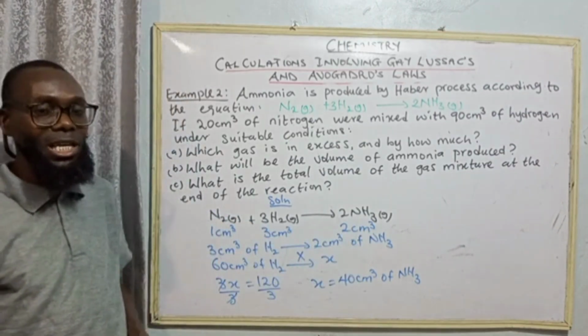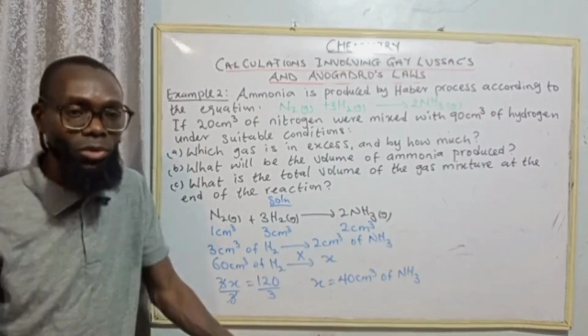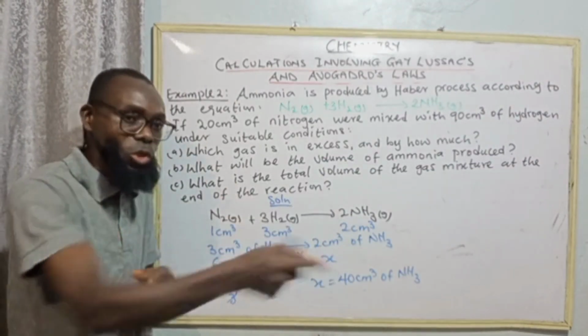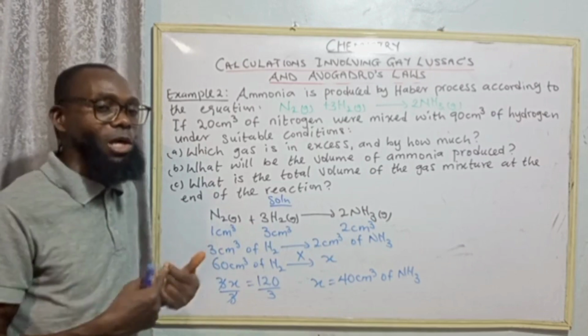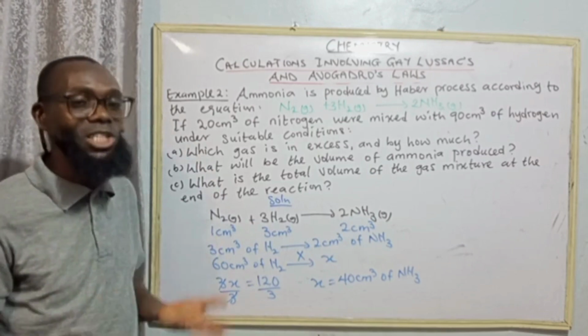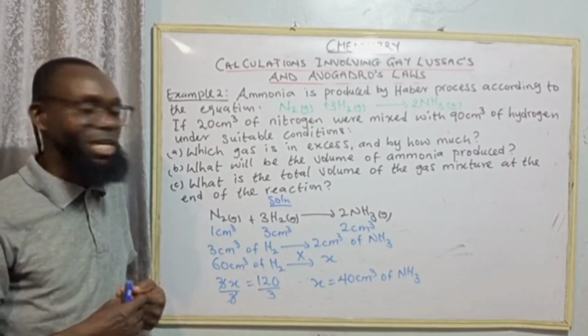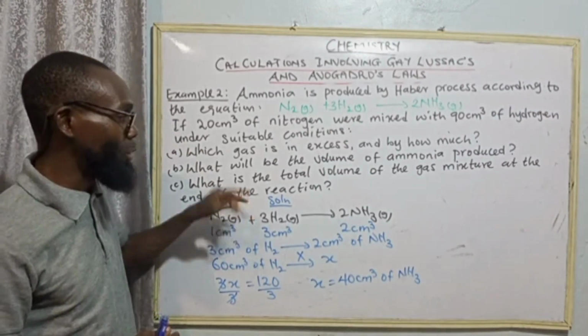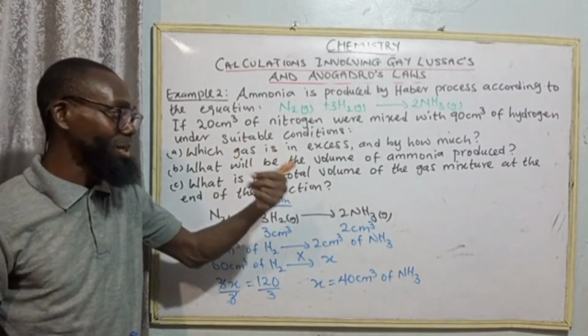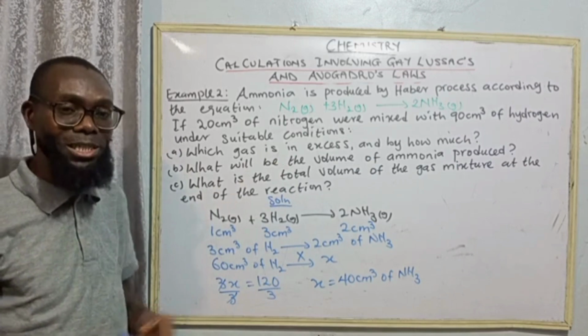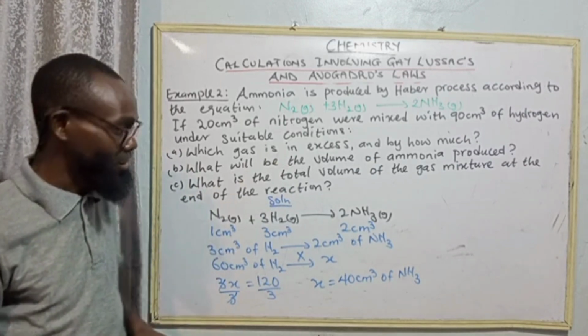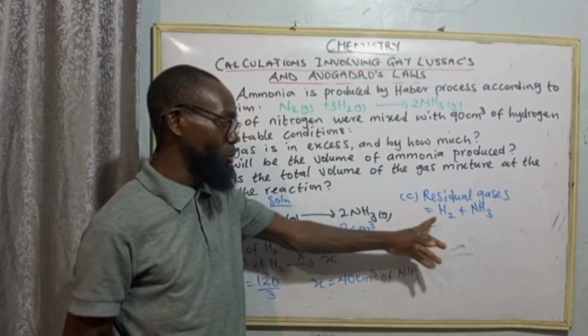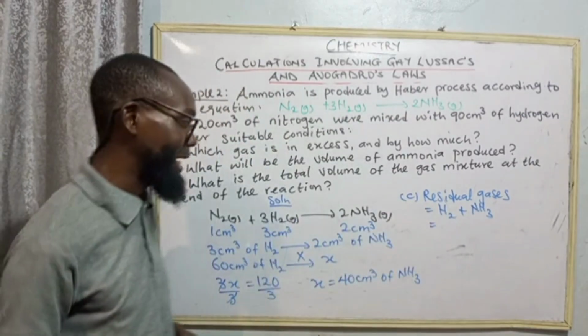Because initially, the volume of ammonia was not given, and we got the final volume. So that final volume plus excess hydrogen gives what is called the gas mixture at the end of the reaction, which is the residual gases. Residual gases is going to be equal to hydrogen plus ammonia gas.